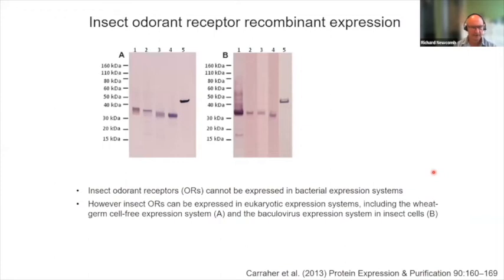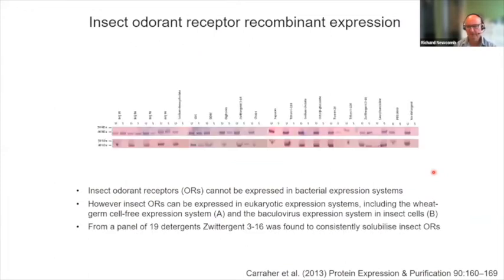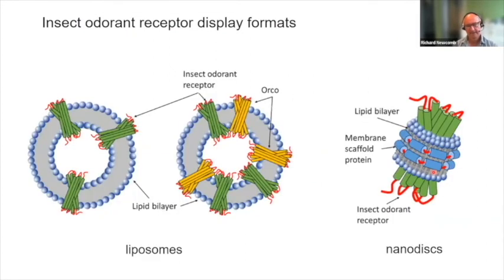So we've learned how to overexpress these receptors, solubilize them, and then put them into formats that are amenable to putting on biosensor surfaces. Here are 2 different formats, liposomes, which are spheres, and then there's also nanodiscs as well.